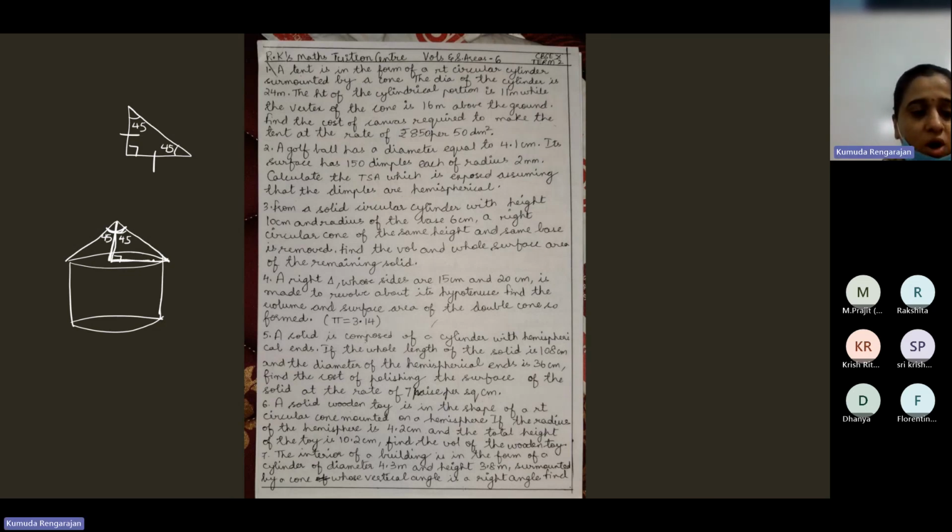This triangle is already a right triangle and this angle is 45, so this also will be 45. It's a right isosceles triangle, meaning two sides are equal. Leave the hypotenuse, because that's the longest side; the remaining two sides are equal. That means the radius and the height are equal. So whatever is the radius of the cone is the height of the cone also. That's all.